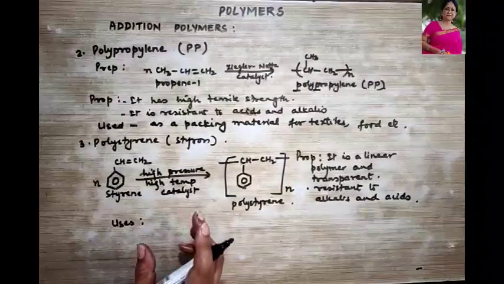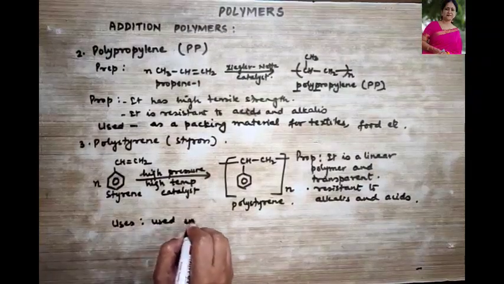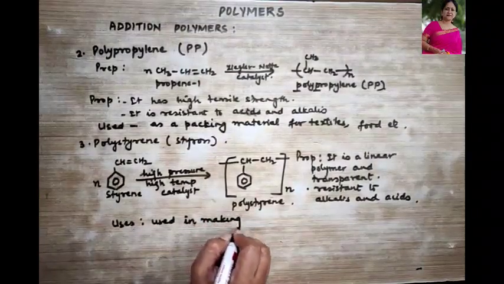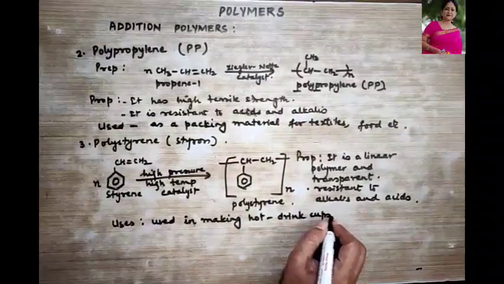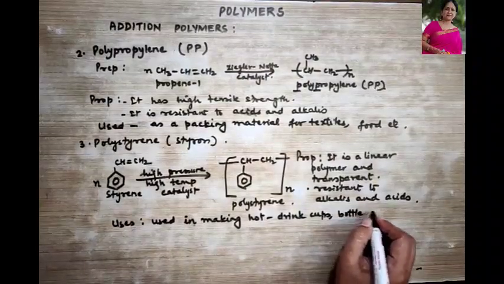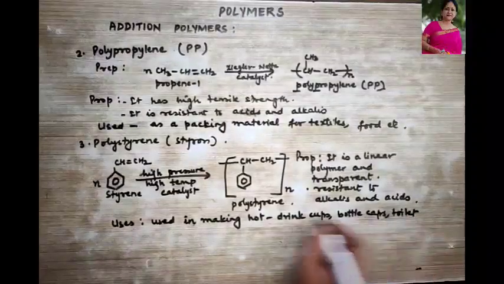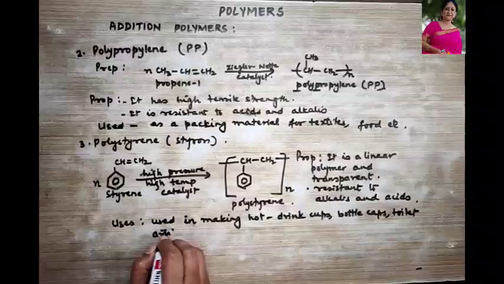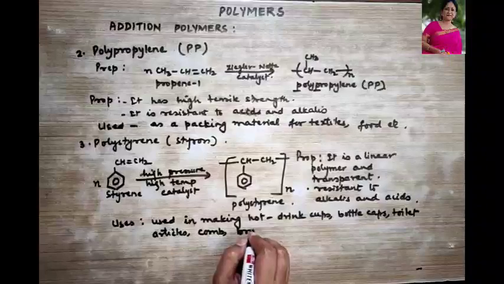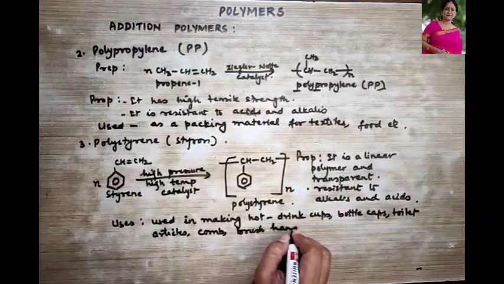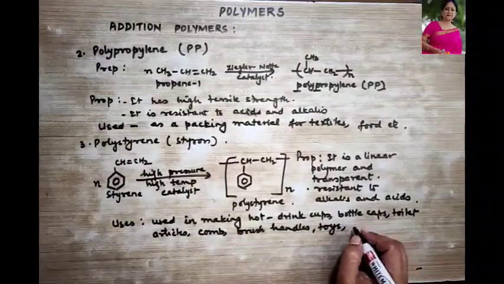It is used in making hot drink cups. You must have seen, used in making hot drink cups, the bottle caps, even the toilet articles, the comb, the brush handles, okay, few toys and the household articles.